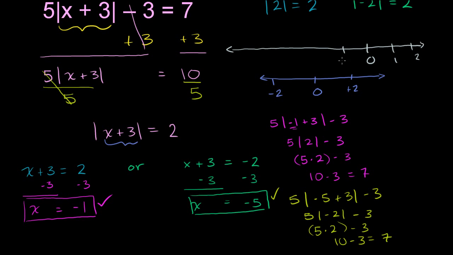Let's go negative 1, negative 2, negative 3, negative 4, negative 5, negative 6. The solution x equals negative 1 we could plot right over there, and the other solution, x equals negative 5, we can plot right over there. Hopefully you found that enjoyable.